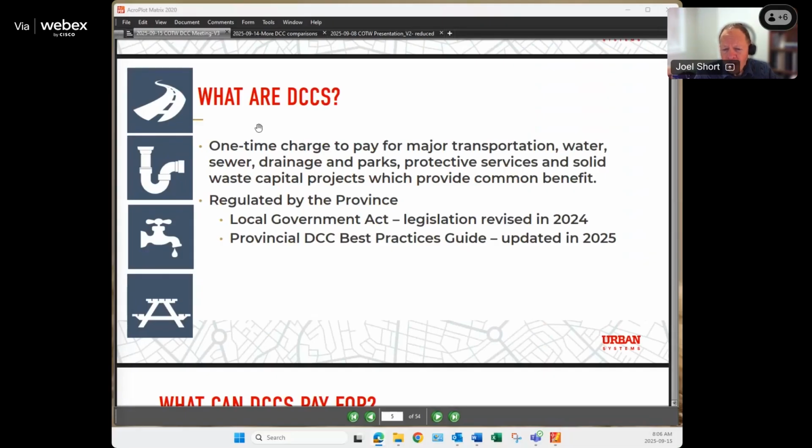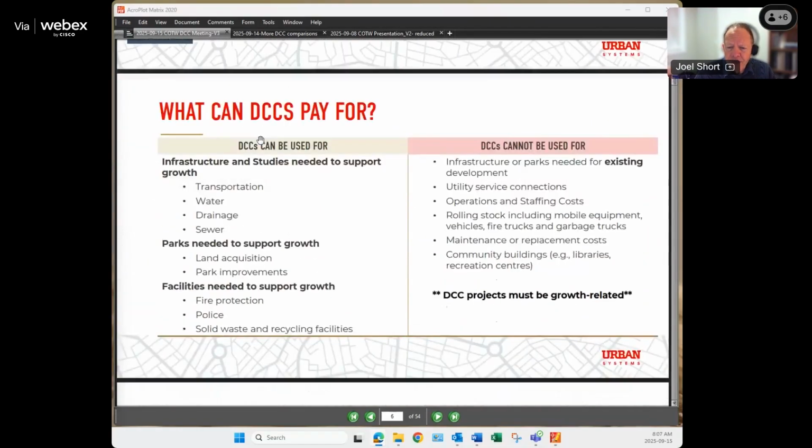It's regulated by the province, the Local Government Act, and that legislation was revised in 2024, and the provincial DCC Best Practices Guide was updated in 2025 to go with that new legislation.